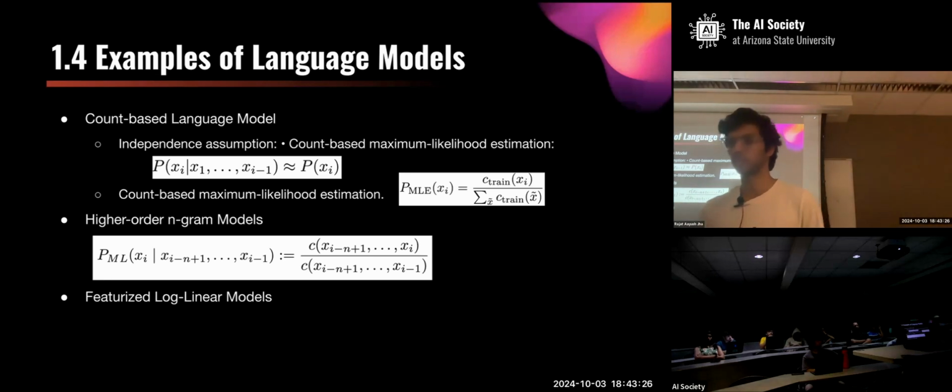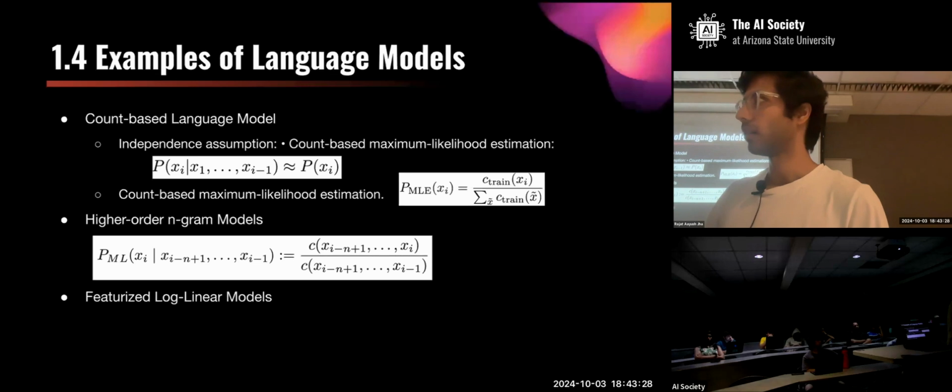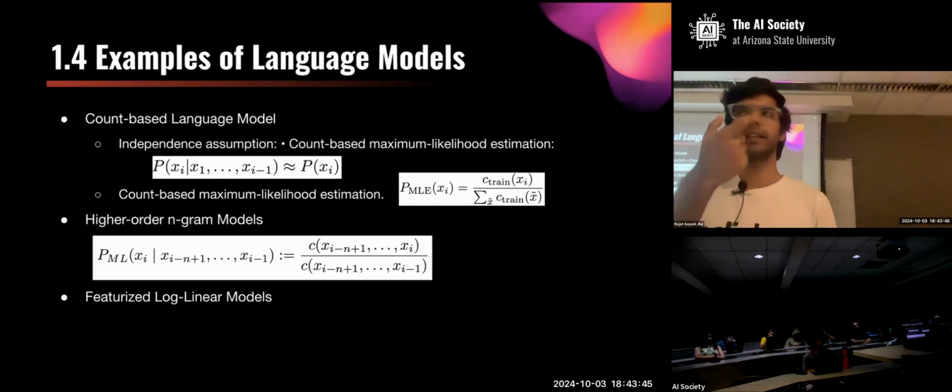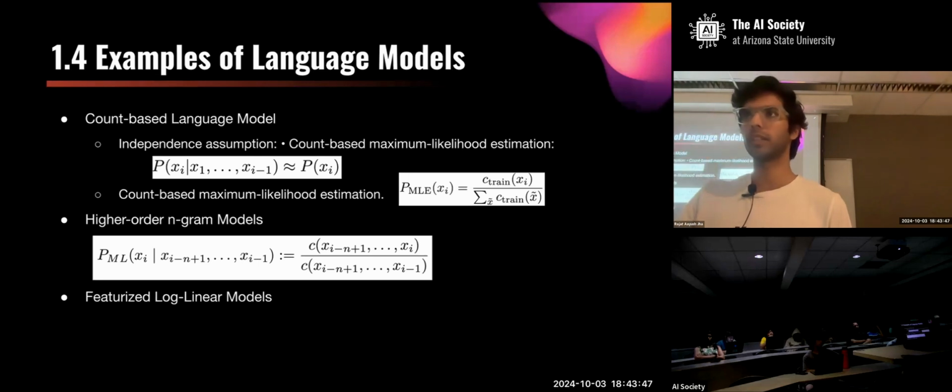One of the sentences is "the sun is shining brightly", and a second sentence is "the sun rises in the east". If you want to make a language model based on counting, you will focus on the co-occurrence of words. For example, "the sun" occurs two times in the whole data set.